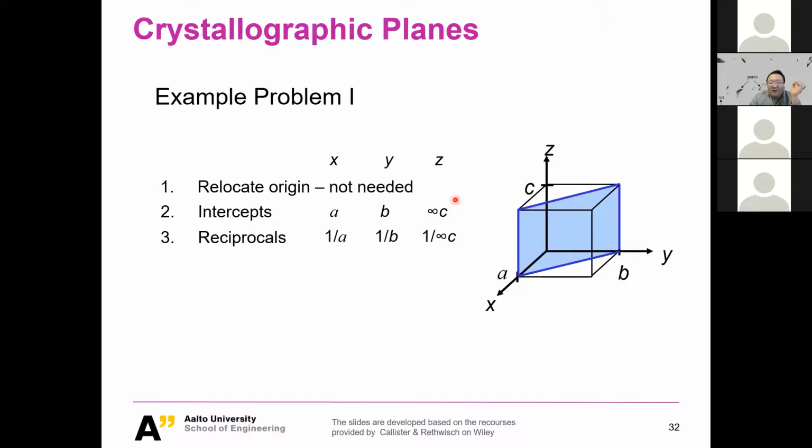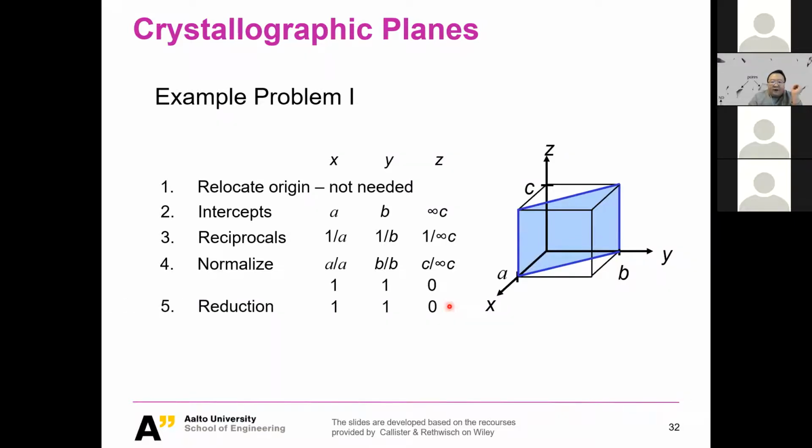And the third step is easy. We just reverse it, and we get 1 over A, 1 over B, and 1 over infinity. What is that? That gives us actually 1, 1, 0. So 1, 1, 0 is after the normalization, as you can see. Here, we always do the normalization as we did for the direction and point.